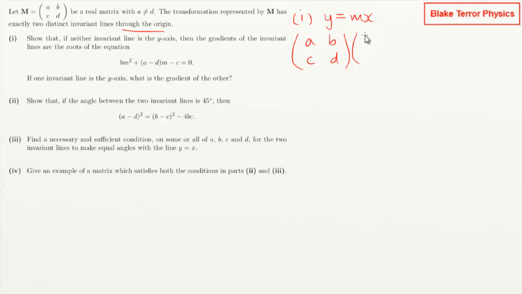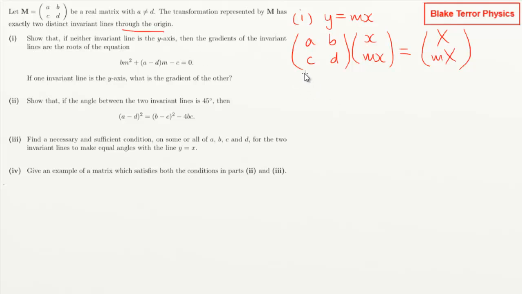A point on that line, if it's got x coordinate x, is going to have y coordinate mx, and that has to get back onto the same line, so maybe to capital X and m times capital X. So we certainly need that to hold, and hopefully that's going to give us that equation.